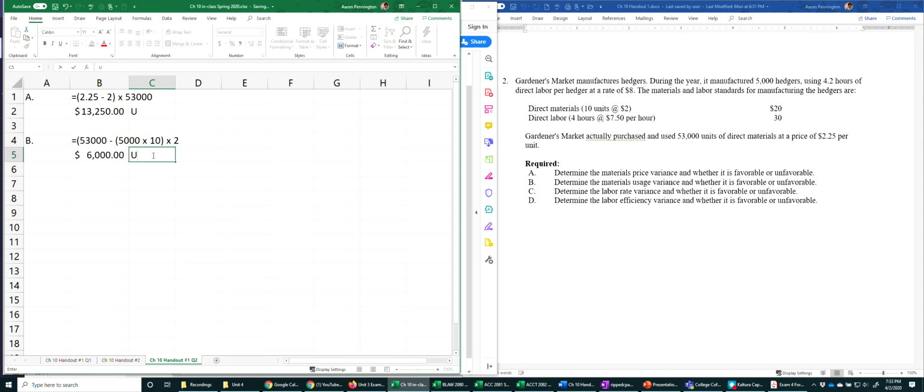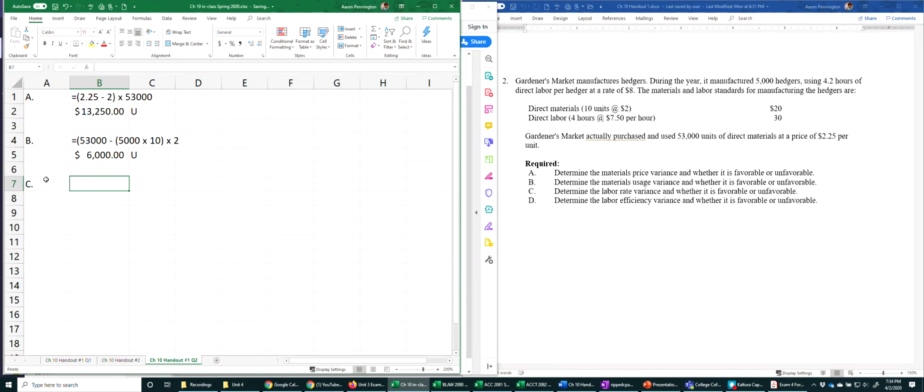And of course, the standard would have been the 5,000 times the 10 units, or 50,000 units, and the actual was 53,000. So that, of course, leads to an unfavorable usage variance. It means you used more units than the standard would indicate.